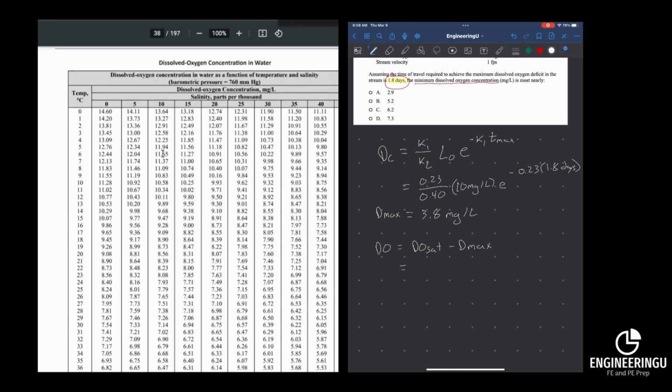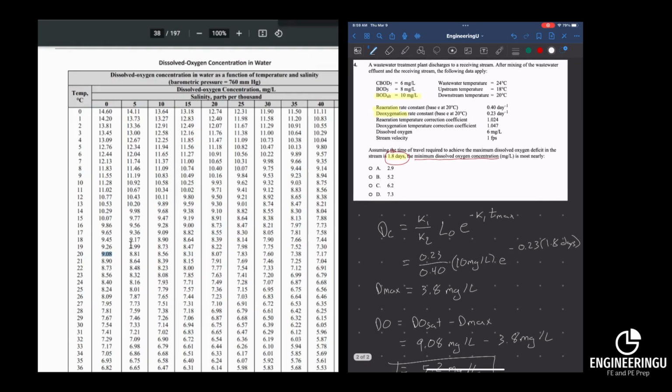And we're looking for 20 degrees here. And what we find right here is 9.08 milligrams per liter. And then we're going to subtract that D max that we got. And this will lead us to the answer of 5.2 milligrams per liter.